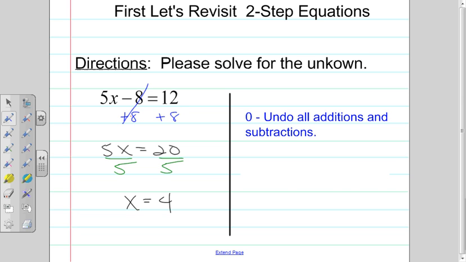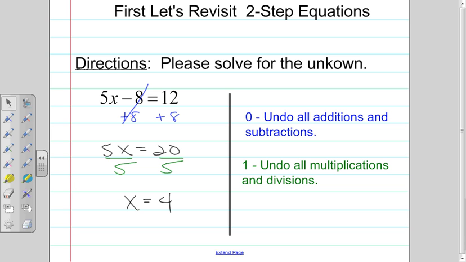And then the second generalization you needed to make, I sort of refer to as not step 1, but a step that I use the number 1 to sort of refer to, and that's undo all multiplications and divisions.